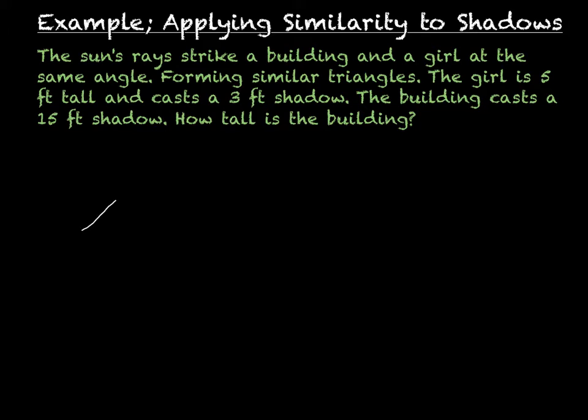If we start by drawing a picture, the girl is 5 feet tall and casts a 3-foot shadow. The building casts a 15-foot shadow, but we do not know how tall it is. It's a length or a height, and we'll call it X. So here we have our similar triangles, so we can set up a proportion.